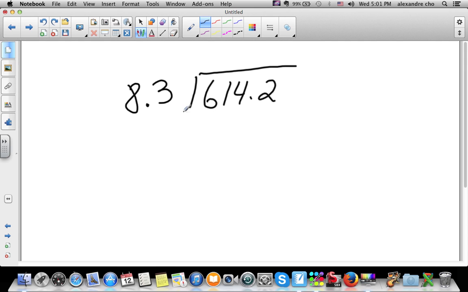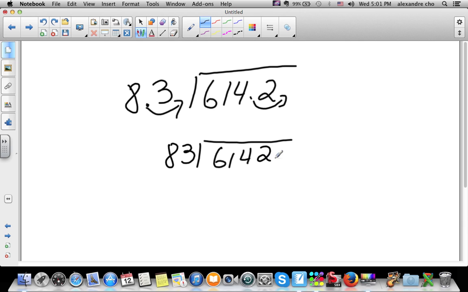Remember, 1 gallon is 8.3 pounds. If you have a total of 614.2 pounds, let's see how many gallons you have. So, division, move 1 to the right, make that a whole number, that's 83. Same thing inside, move 1 over. Remember, whenever you do the divisor, you do the dividend, and it becomes 6142, a nice whole number as well.